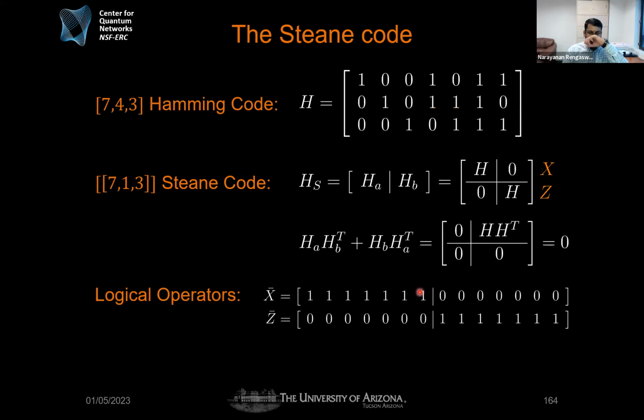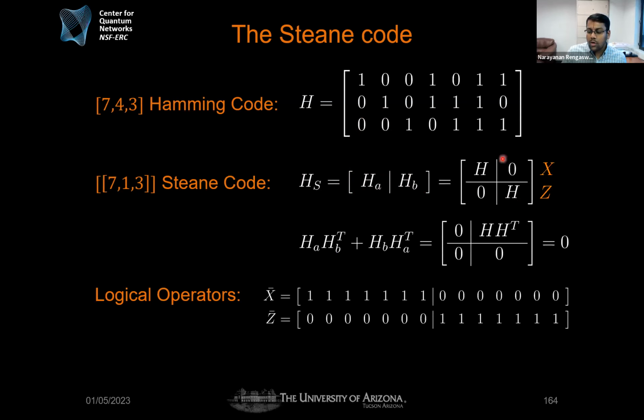Okay. So we briefly saw the Hamming code before, and here I'm just showing you a quantum version of the Hamming code, which is called the Steane code. We already saw that a quantum parity check matrix has two parts, HA and HB. In this particular case, we are doing a special example where this quantum parity check matrix has a block diagonal form.